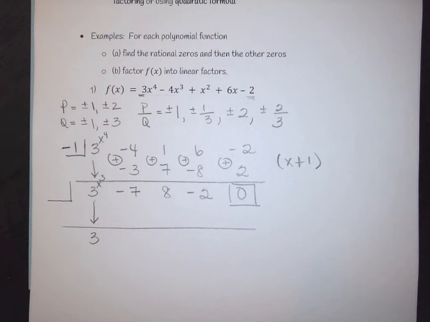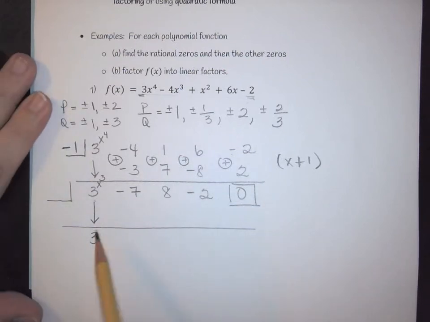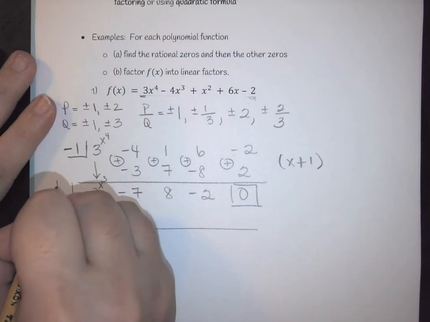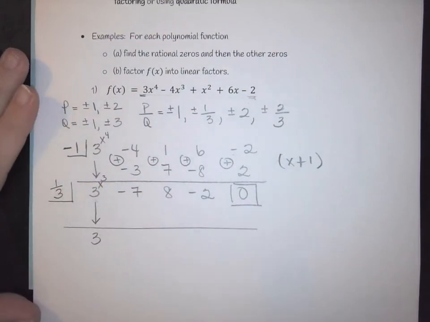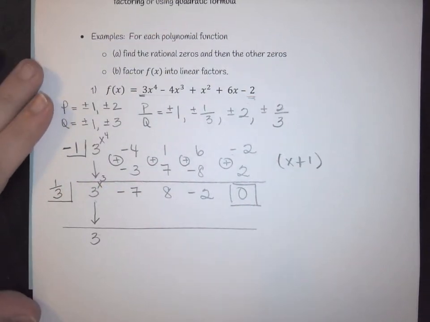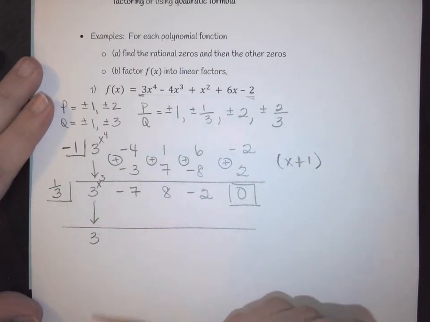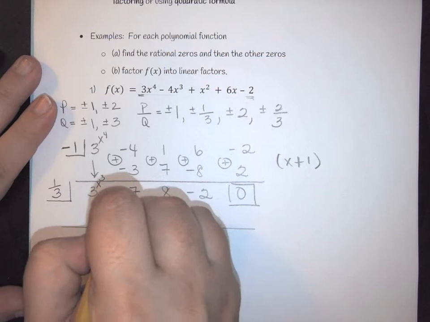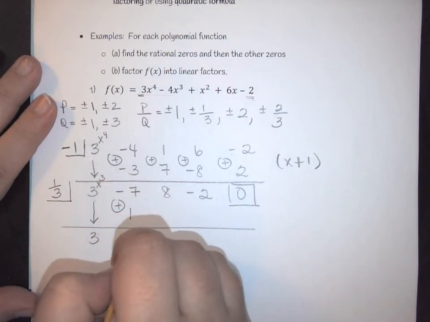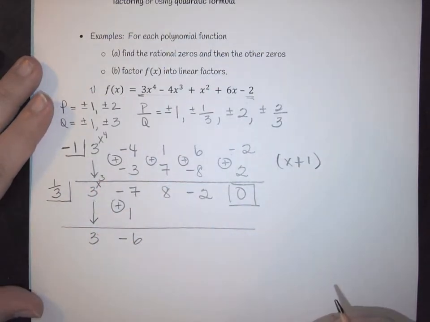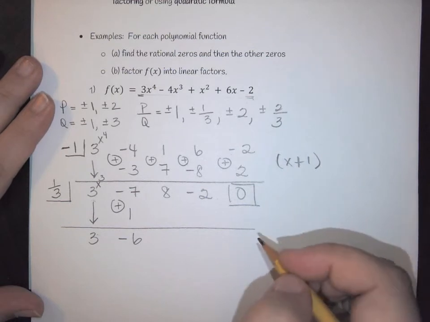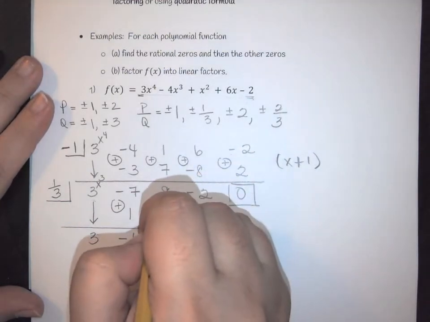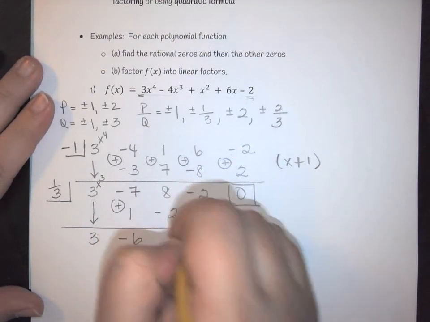In this one, just looking at these numbers, the fact that this starts with a 3, I'm going to do something out of the box. Let's look at a 3rd and see what happens. 3 times a 3rd is going to give me 1. When I add these, I end up with -6. -6 times a 3rd is the same as 6 over 3, so this is going to end up being a -2, 8.